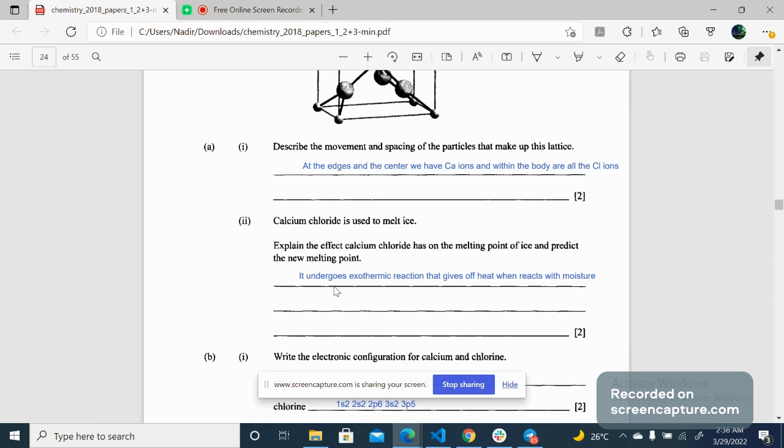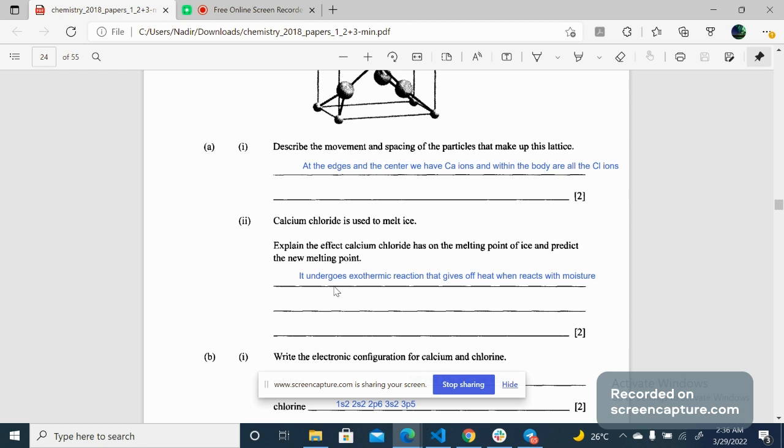So the case here is that calcium chloride goes through an exothermic reaction process, and in doing so it releases heat, and this heat is used up in melting ice.